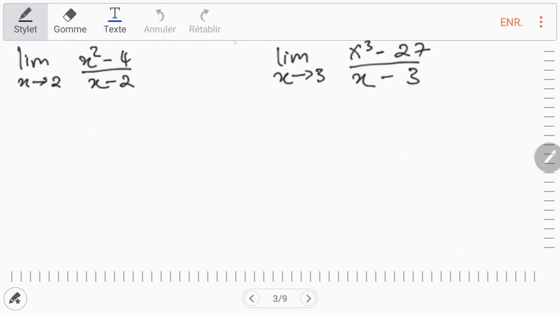In this case, if you solve by direct substitution, we have 2 squared minus 4 all over 2 minus 2, which gives us 0 over 0. Here it is indeterminate.